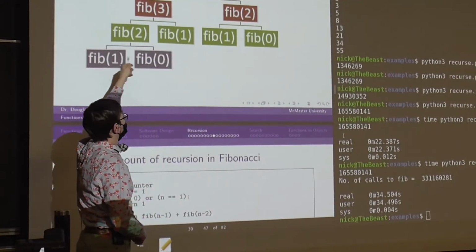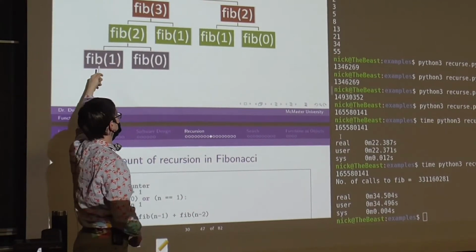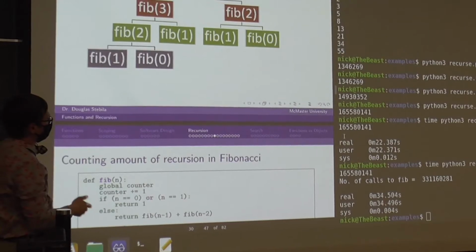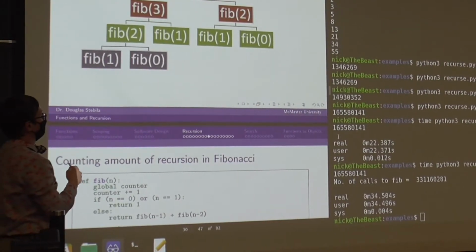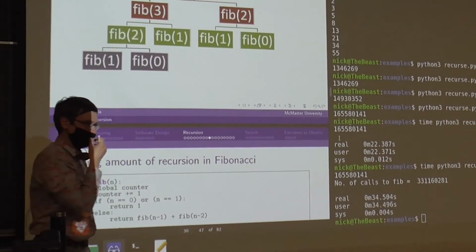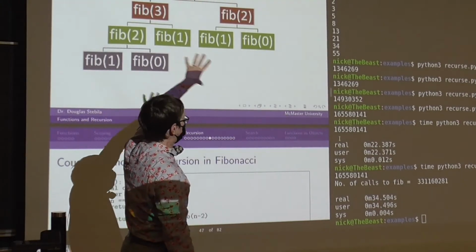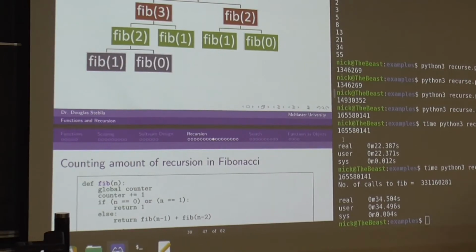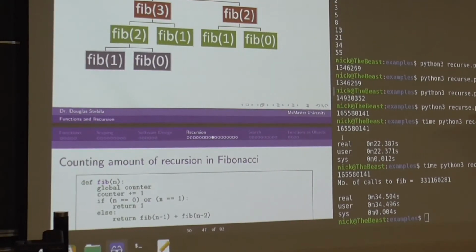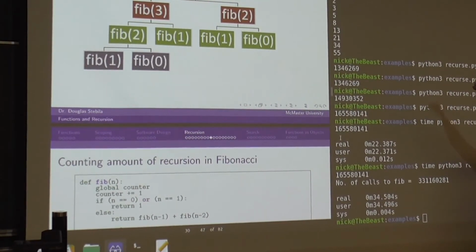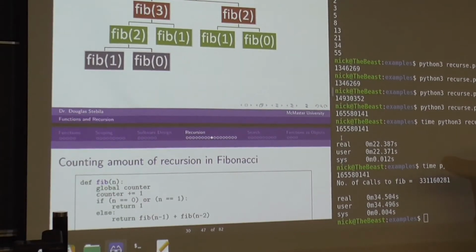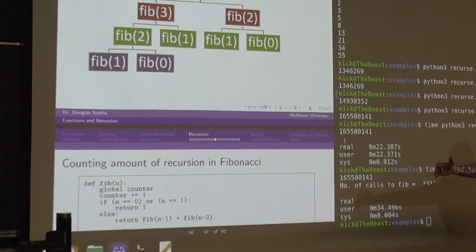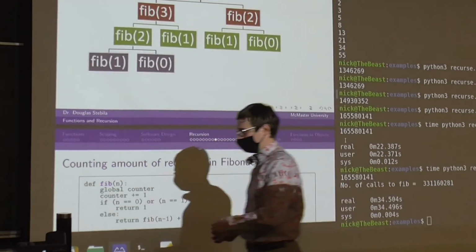Fib 3 needs fib 2 and fib 1. Fib 2 needs fib 1 and fib 0. See that fib 1 has been calculated 3 times here, fib 0 twice, fib 2 twice. Now, if you imagine this whole graph being multiplied every time fib 4 needs to be calculated, and if you imagine every instance of fib 6 needing fib 4 and fib 5, etc., you can see how this blows up very, very, very quickly, right? Extremely quickly.